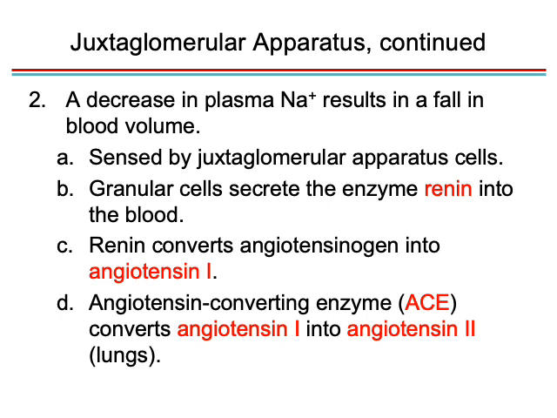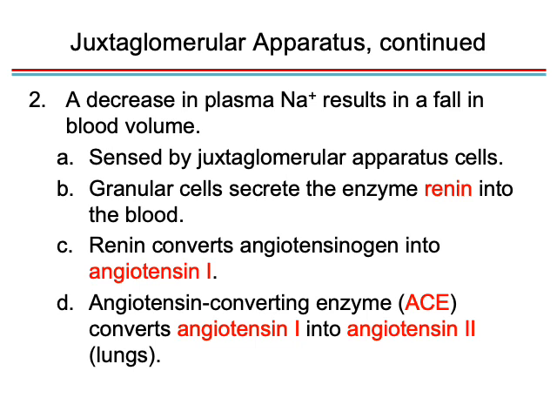There it runs into another enzyme known as angiotensin converting enzyme, also known as ACE. The function of ACE is to cleave off a couple of amino acids to convert angiotensin 1 into angiotensin 2. Again, this takes place in the capillaries of the lungs.